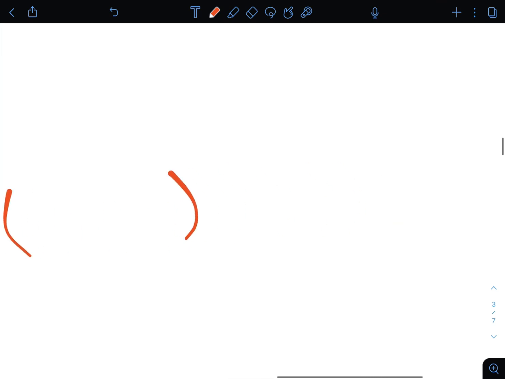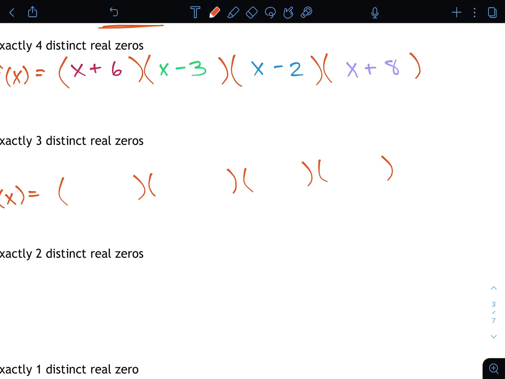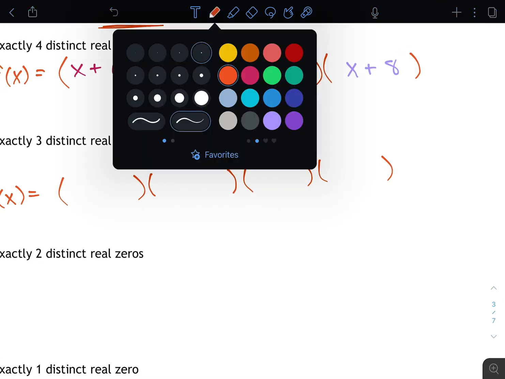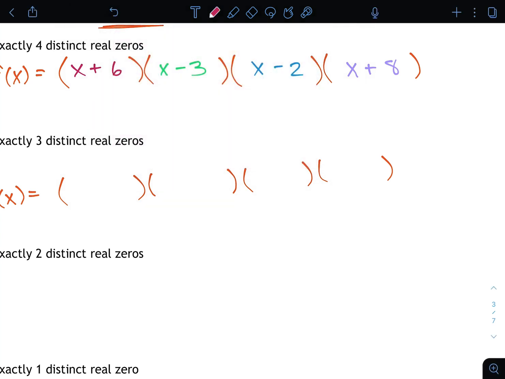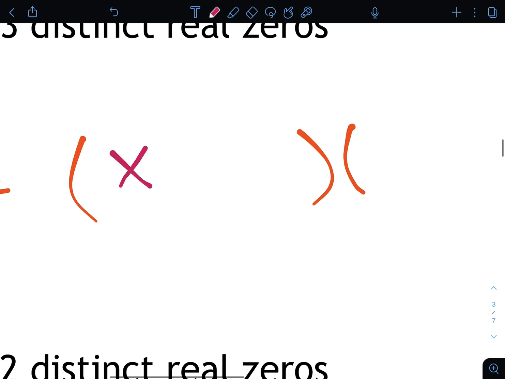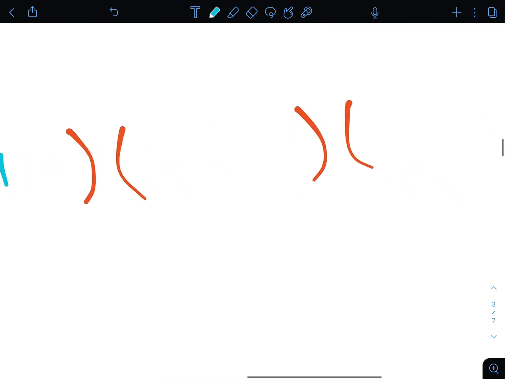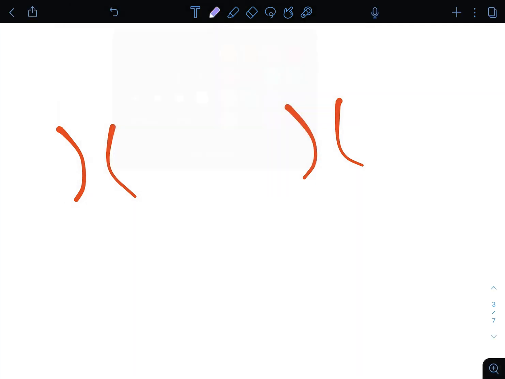It's a 4th degree polynomial, so I know I want x multiplying together 4 times to give me that power of 4. For the first one, I might do x plus 2. For the second one, I might do x, I don't know, minus 1. For the third one, I might do x plus 10.